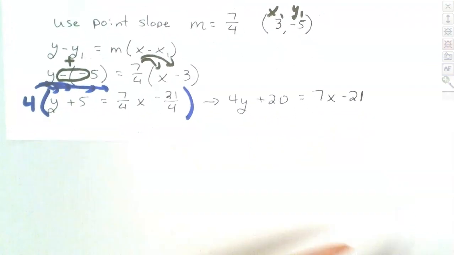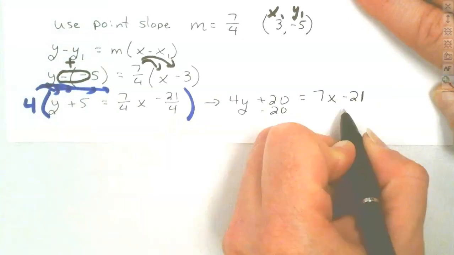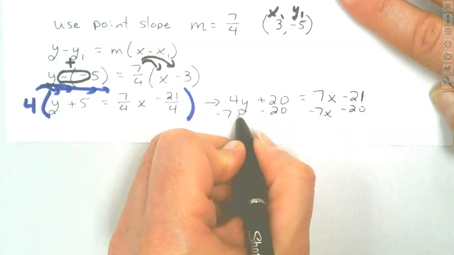And we want it in standard form, so we need to get the x's and the y's on the same side. Numbers go on the right-hand side, so let's go ahead and move that 20 over with subtraction, and move that 7x over also with subtraction.